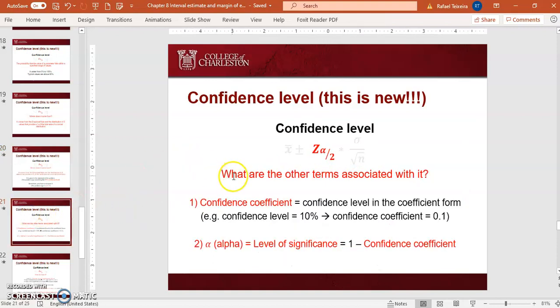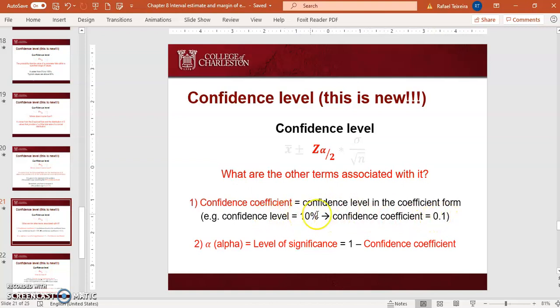Okay, so what are the terms? This is very important, the terminology that you have to understand and know that is associated with this confidence level. The first one is the confidence coefficient. The confidence coefficient is simply the confidence level in the coefficient format. So if the confidence level is, let's say, 10%, the coefficient is 0.1.